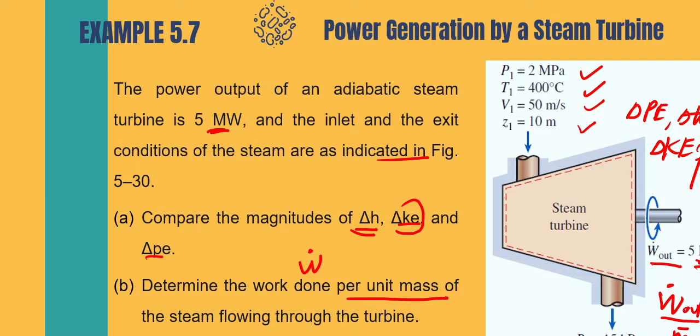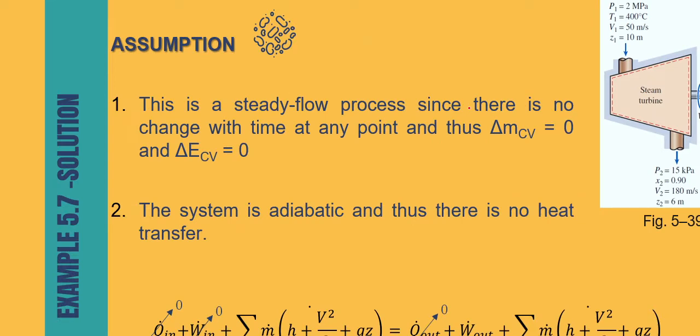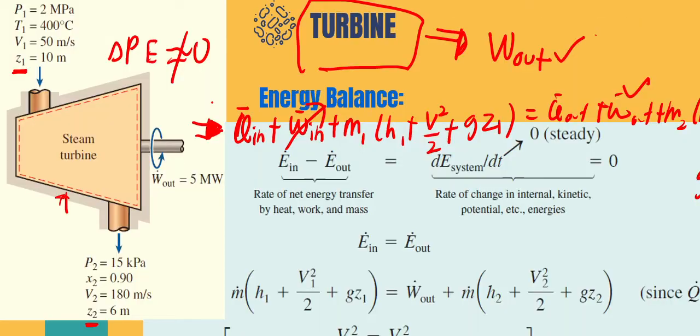Obviously, you need to find what you have. You have the value of this one already, and then you need to find h. Always start with the assumptions. This is a steady flow, so the change in mass for the control volume and the change of energy for this control volume are equal to zero. And then what is given?